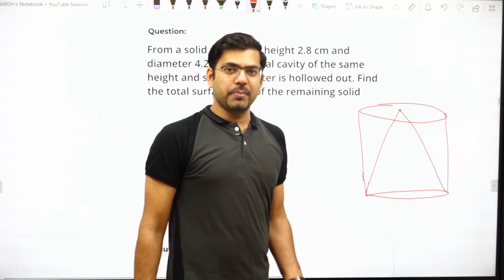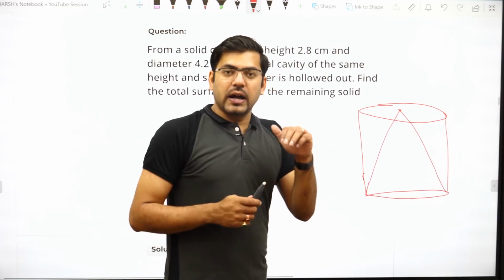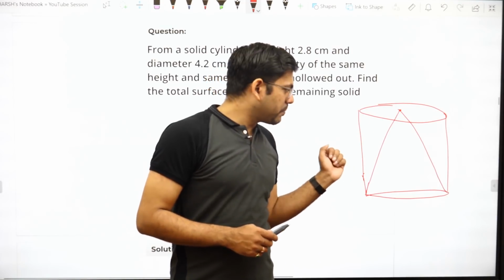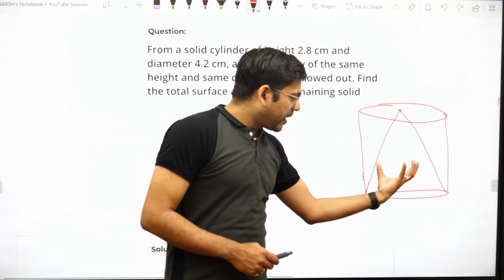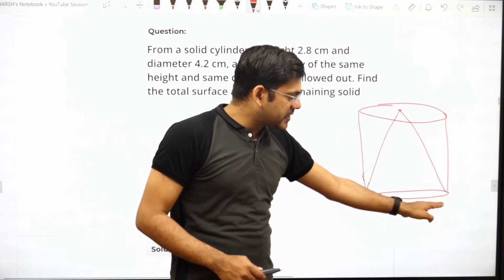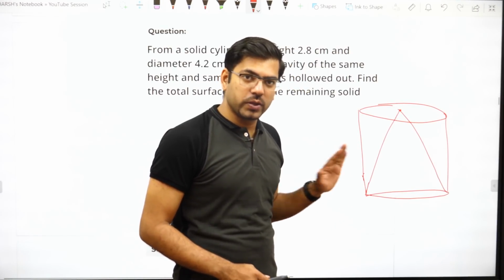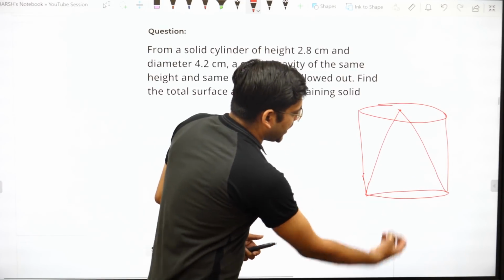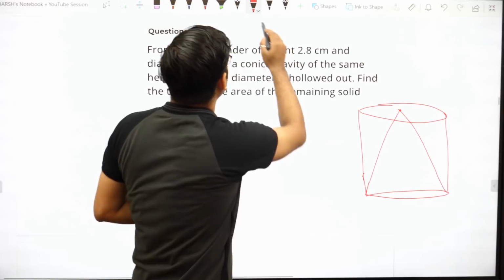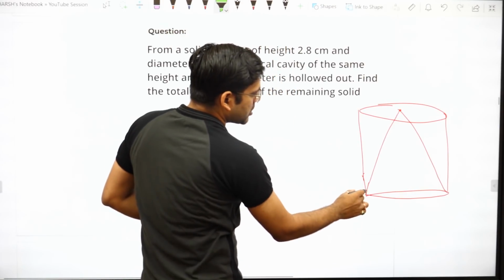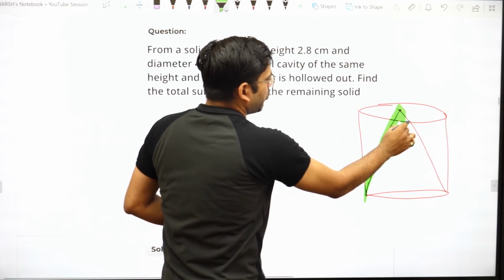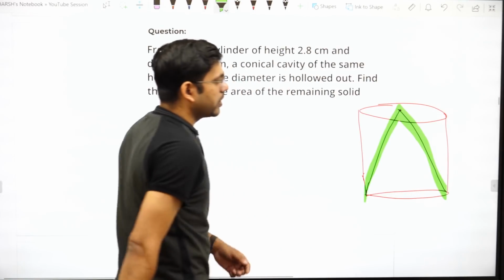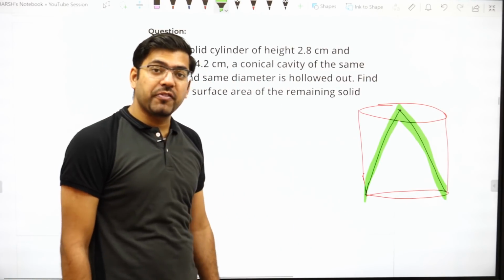So I guess you would be able to see that earlier this whole cylinder was there, but now what would be remaining? When I removed this cone, first of all this base went off. Now there is no base in this figure. Apart from that, when I take it out, this much portion would be visible, isn't it? This much portion would be visible now.